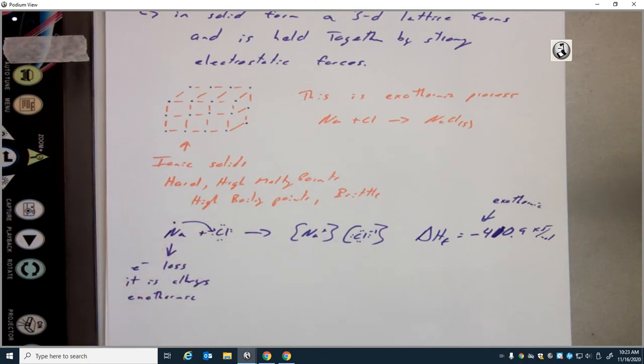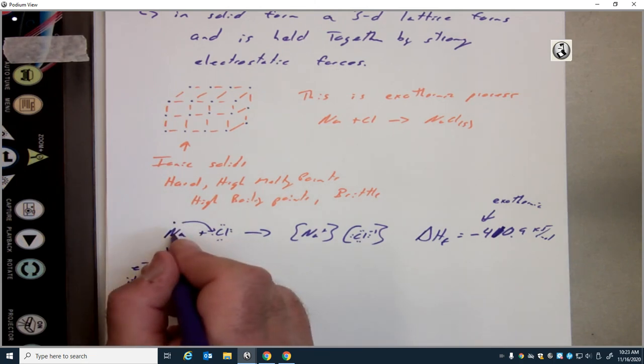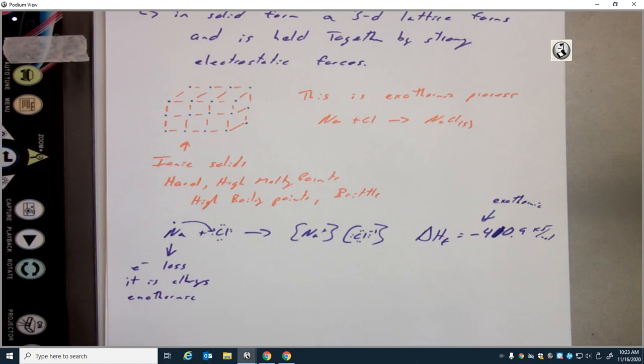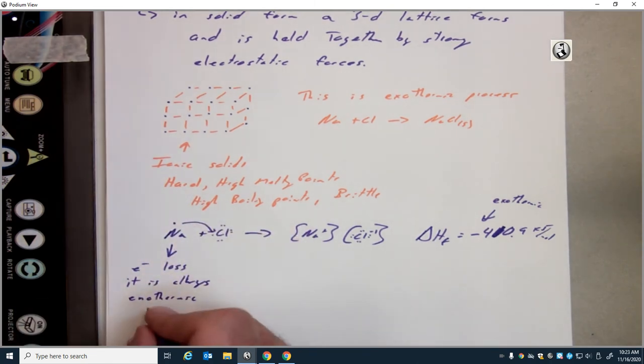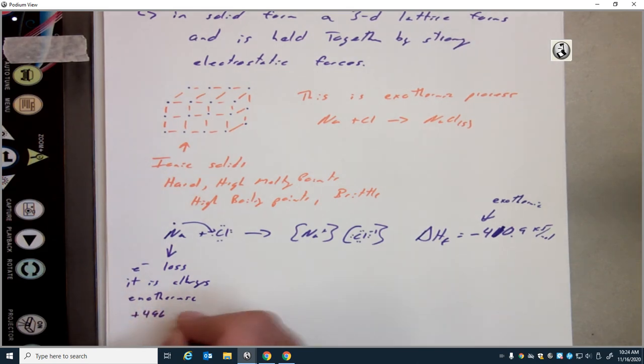It's ionizing. So we have to add energy, it has to be absorbed for the electron to leave. And it turns out the first ionization energy for sodium is a positive 496 kilojoules per mole.